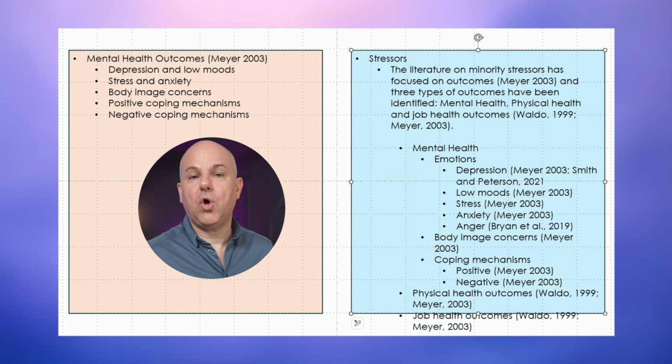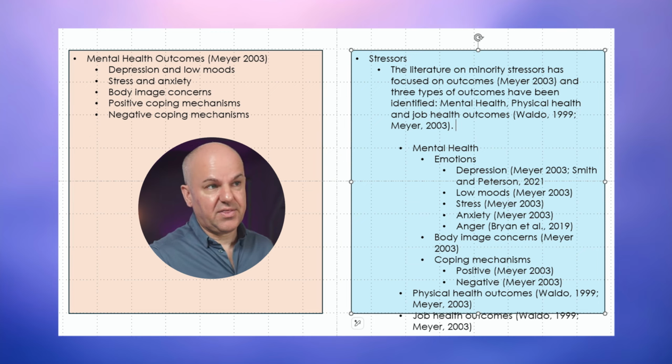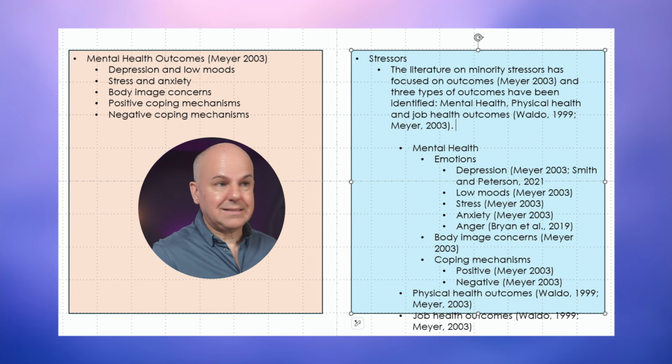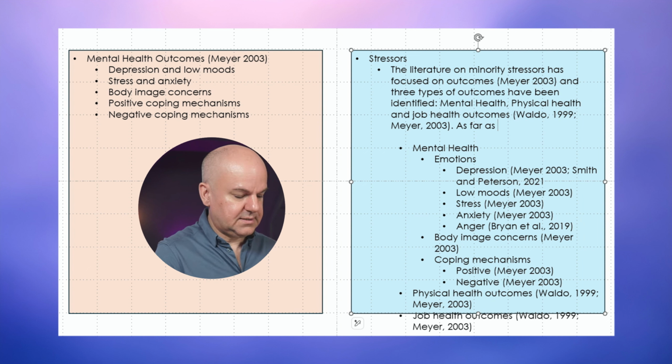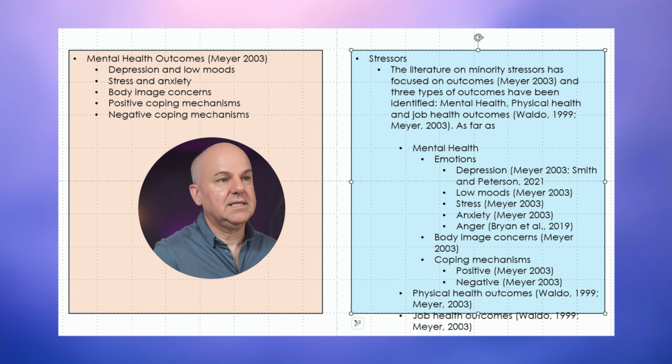Now, we have a lot of themes around one of these outcomes, mental health. So the rest, because we haven't done more work, the rest is going to be about mental health outcomes. So we can say, as far as mental health, we don't even need to write this actually, we've got it there.